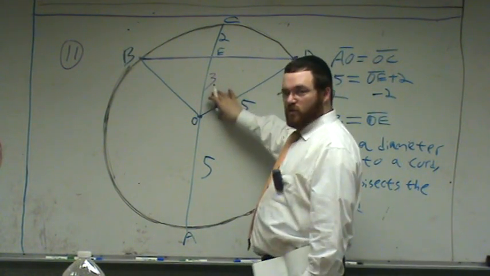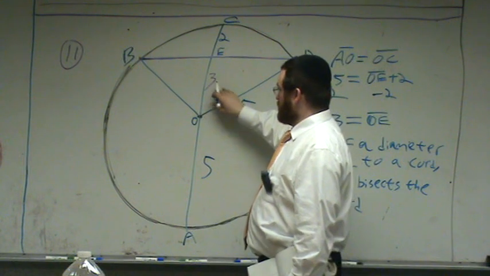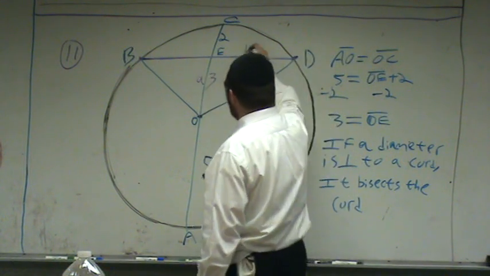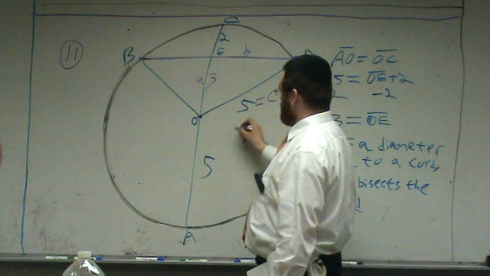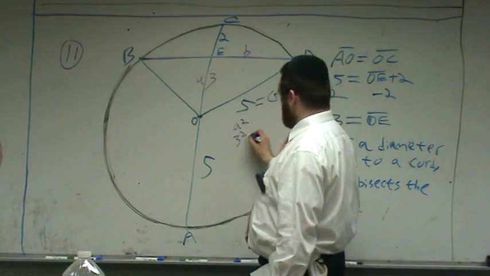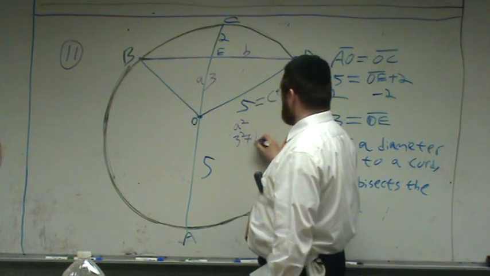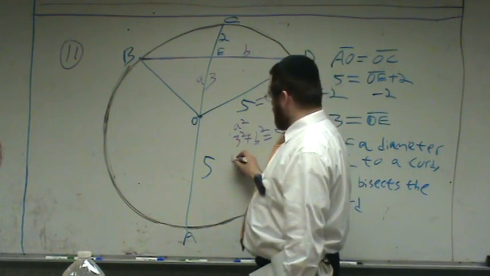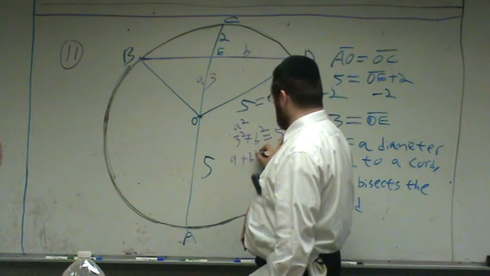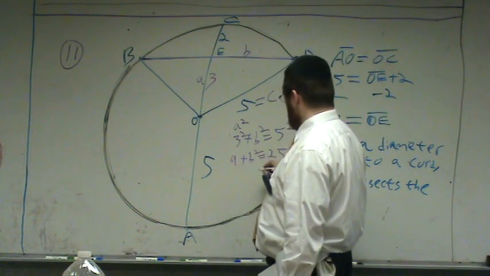A squared plus B squared equals C squared. Let's make this A. Let's make this B. And we'll make this the hypotenuse C. So A squared is 3 squared plus B squared equals 5 squared. So 9 plus B squared is equal to 25.